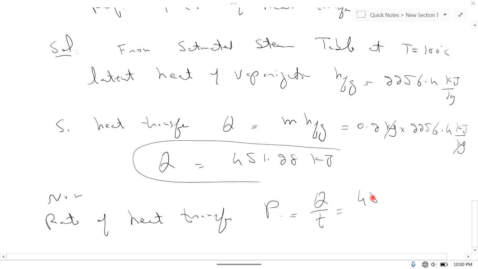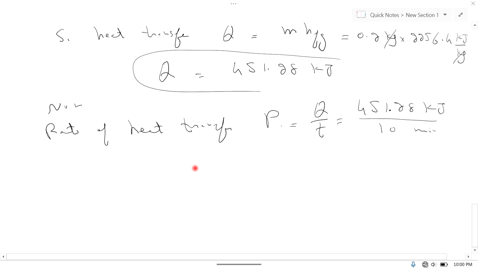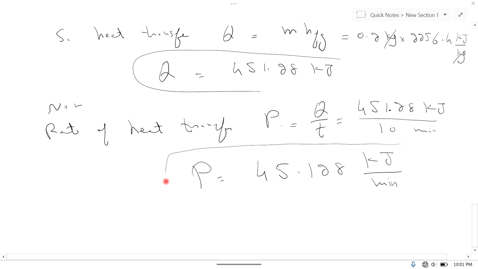Q is 451.28 kilojoule, and time given to us is 10 minutes. So rate of heat transfer is equal to 45.128 kilojoule per minute, and this is option B. So option B is correct.